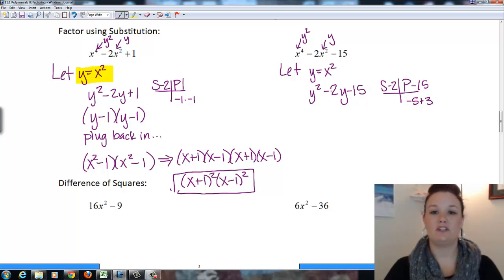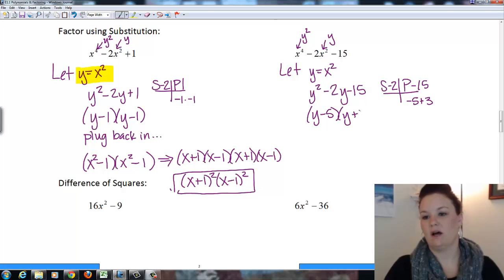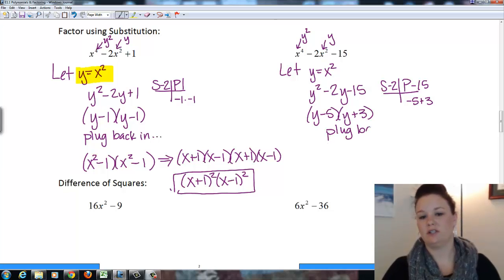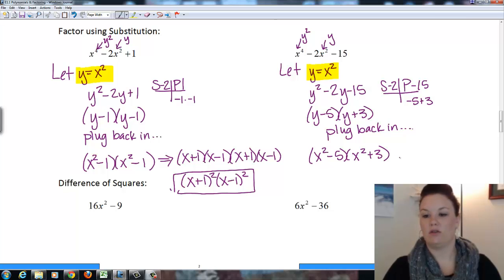Because my leading coefficient's a 1, I can just use the shortcut. I know these numbers in my chart are going to be my factors. So this factors into y minus 5 times y plus 3. And then the last thing I do is plug back in because I used substitution. So y we know is x squared. So I need to put that back in for each of my y's. So this gives me x squared minus 5 and x squared plus 3.